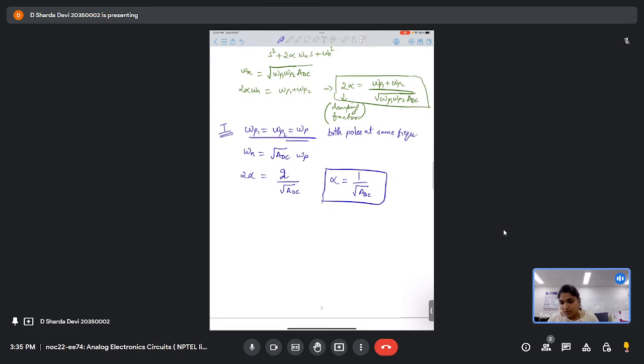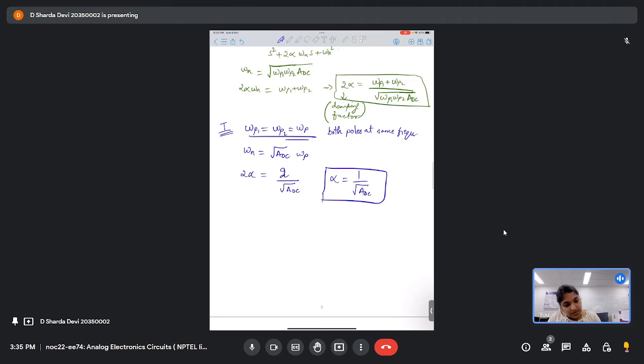If we closely observe, ADC is a very high value, so alpha almost becomes equal to 0. So H of s, that is the closed loop transfer function, will become omega n square upon s square plus ADC omega P square.